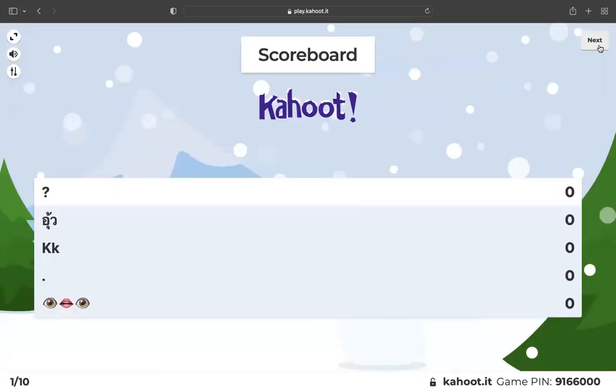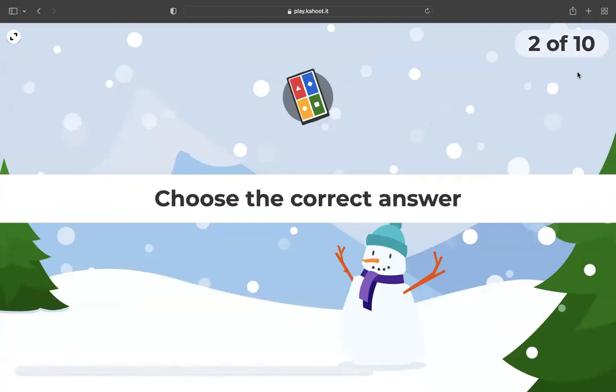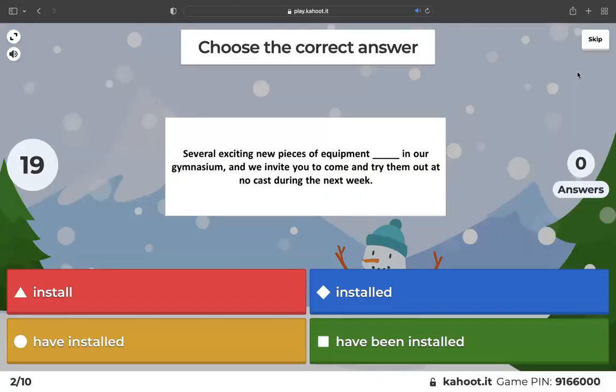Okay, the next question. Oh, scoreboard. Okay. Question number 2. Several exciting new pieces of equipment are installed in our gymnasium, and we invite you to come and try them out at no cost during the next week. Easy, right? In 3, 2, 1.